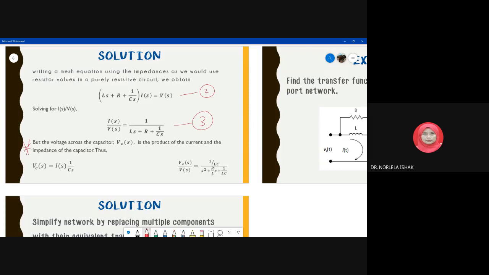The voltage across the capacitor is the product of the current and the impedance of the capacitor. So what is the capacitor voltage? This is the capacitor voltage.